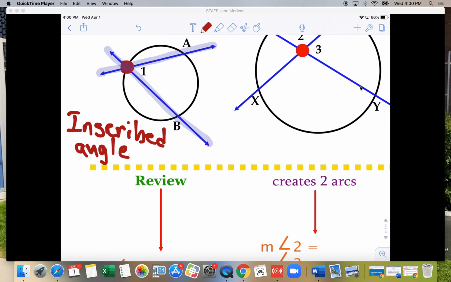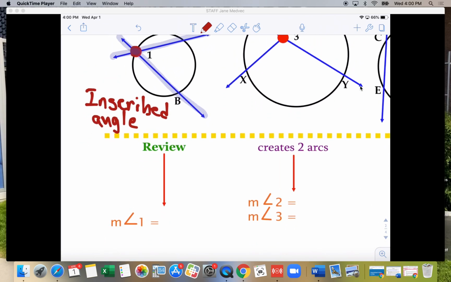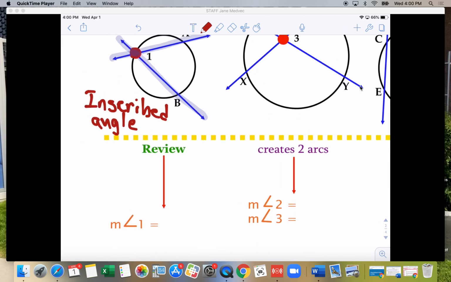With an inscribed angle, like we said before, the measure of angle 1 is half of the arc AB. Here's the arc AB, and that's the inscribed angle. Now that we've seen before and you have practiced, so that should not be hard at all.